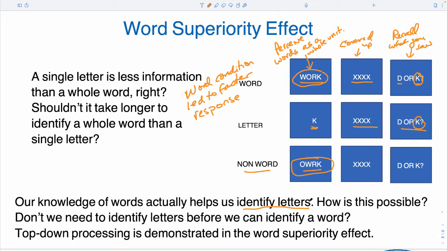How do we get to the word without looking at the individual letters? And this is where we get to top-down processing, of course, right? The word superiority effect demonstrates that our expectation of what the word is helps us read it very quickly and helps us then identify what those letters are.